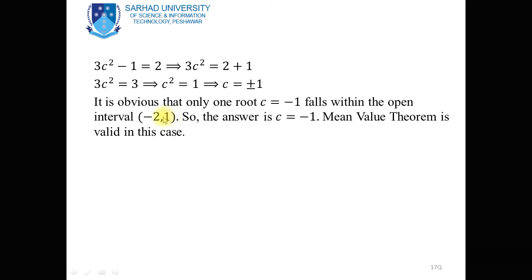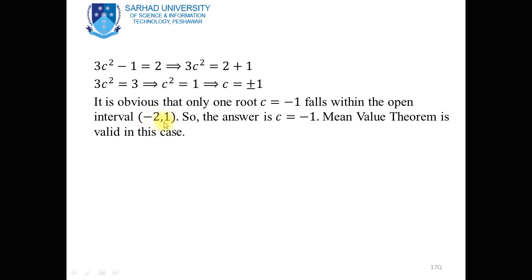Now -1 lies in this interval. It is obvious that only one root, c is equal to -1, falls within the open interval. But c is equal to +1 does not lie in this interval.